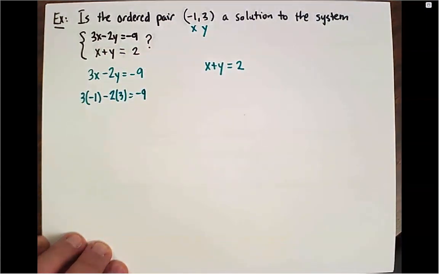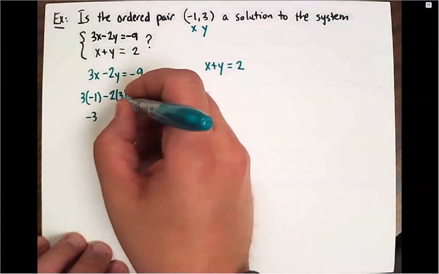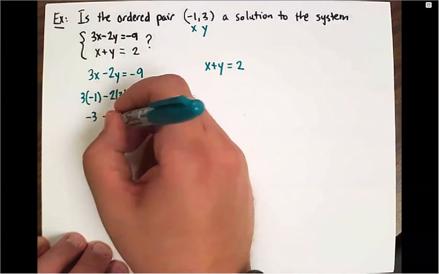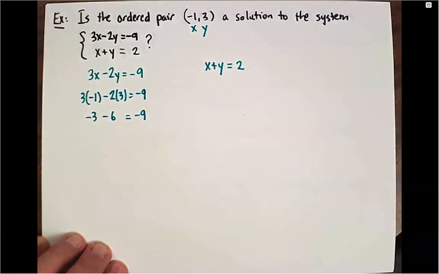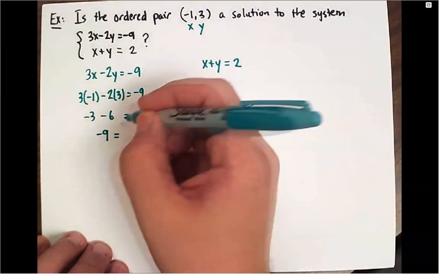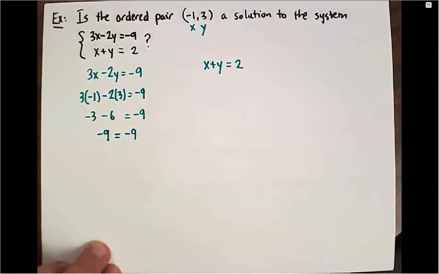I don't know. What is 3 times negative 1? That's negative 3, and negative 2 times 3 is negative 6. Does negative 3 minus 6 equal negative 9? Yes. They have the same sign. You add the numbers and keep the sign. Or you just use your calculator. Have one. That's why we have one.